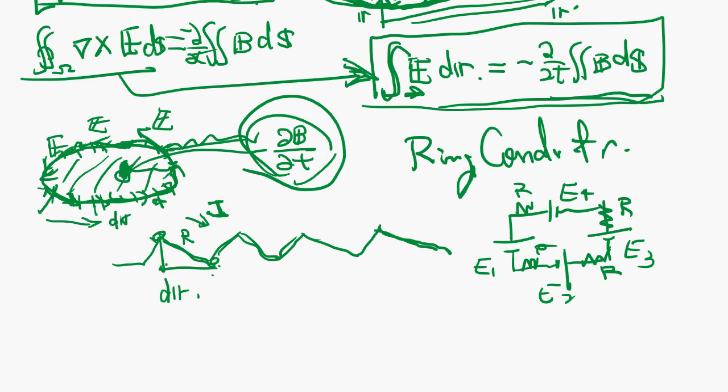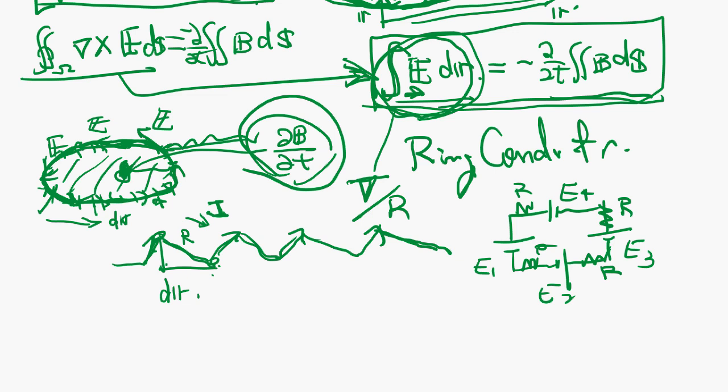So if you take an integral, this becomes the total voltage generated along this line. This is the voltage generated, and you add up all. This is the total voltage generated.